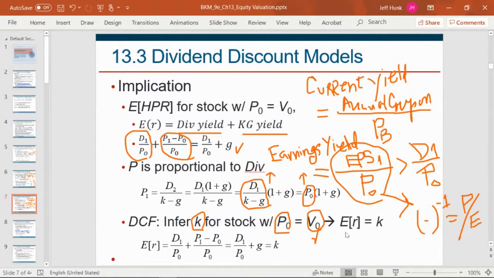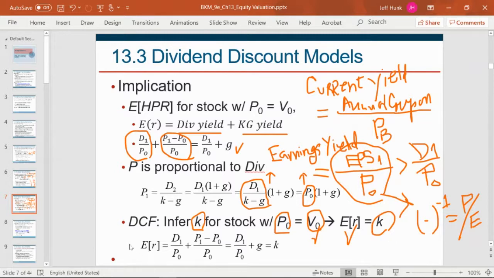So theoretically, we use the expected discount rate, or required return, which is basically the same thing as cost of capital, because there is only one number, one internal rate of return, that makes the right-hand side equal to the left-hand side.